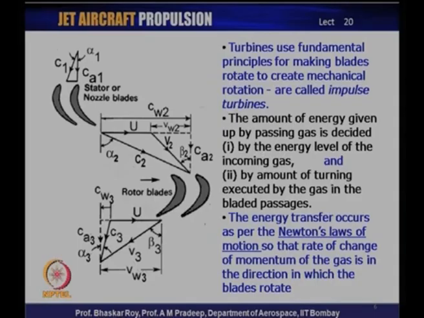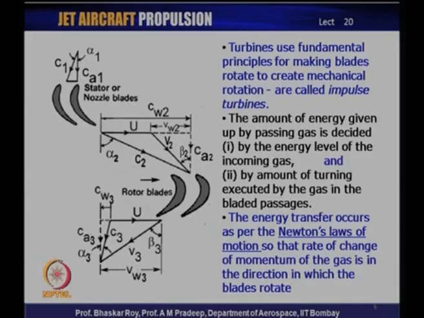Now, this reaction is felt on the body of the rotor, and the reaction creates a force which has a component in the direction of the rotor movement or rotation, that means in the lateral direction, the direction in which the rotor is free to rotate.